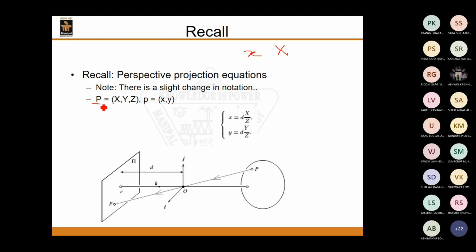We'll use capital P to represent the point in 3D space, and small p to represent the image of that particular point. Capital XYZ can be used to represent the coordinates of the 3D point, and small xy to represent the coordinates of the image point, right?